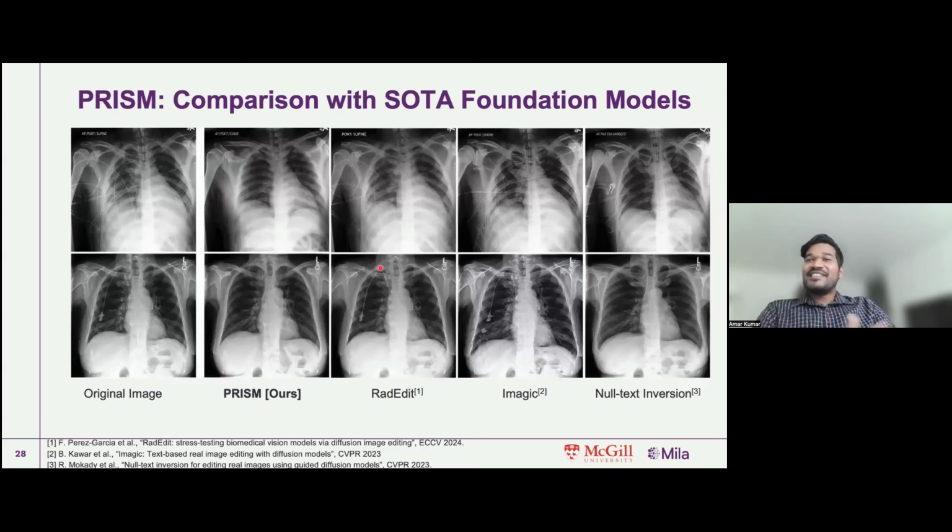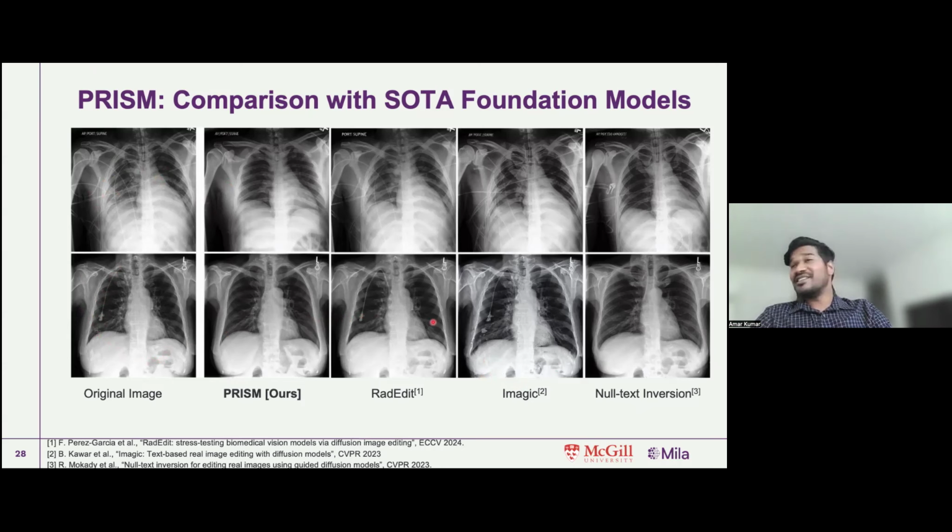To complete the story, how does this compare with any other image editing method that actually exists out there? So Radit was developed by Microsoft. Imagic was developed by Google, and null text inversion was one of the very early image editing methods on top of which Imagic was also, I guess, built. So you can see the comparison on the same image when we edit these wires or this tube that can be seen in the lung.